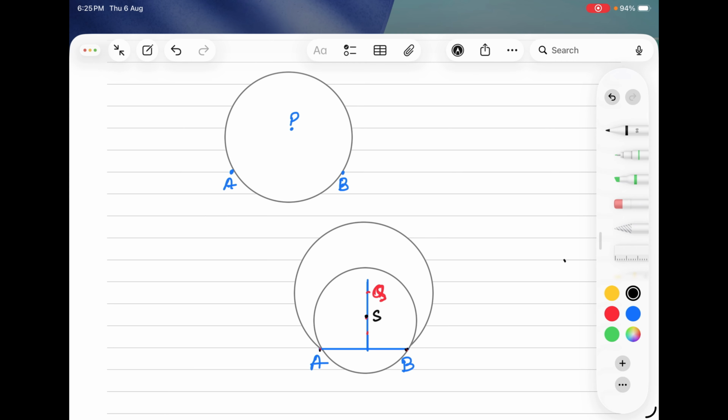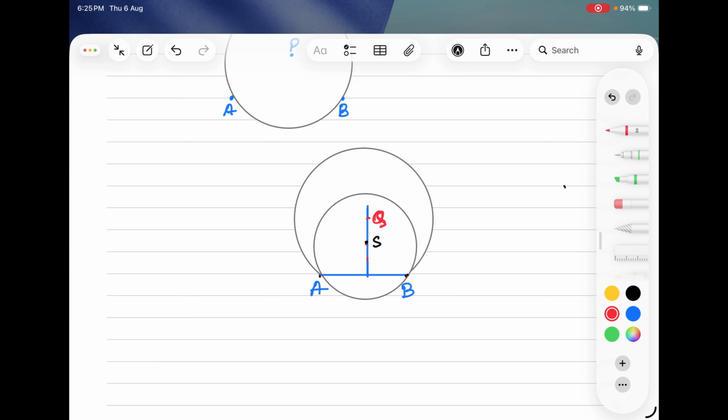Let's see the other side of the line segment AB. If you draw the perpendicular bisector this way, and take some point on this bisector, suppose I name it T. T is equidistant from A and B, and now you take T as a center and draw a circle.